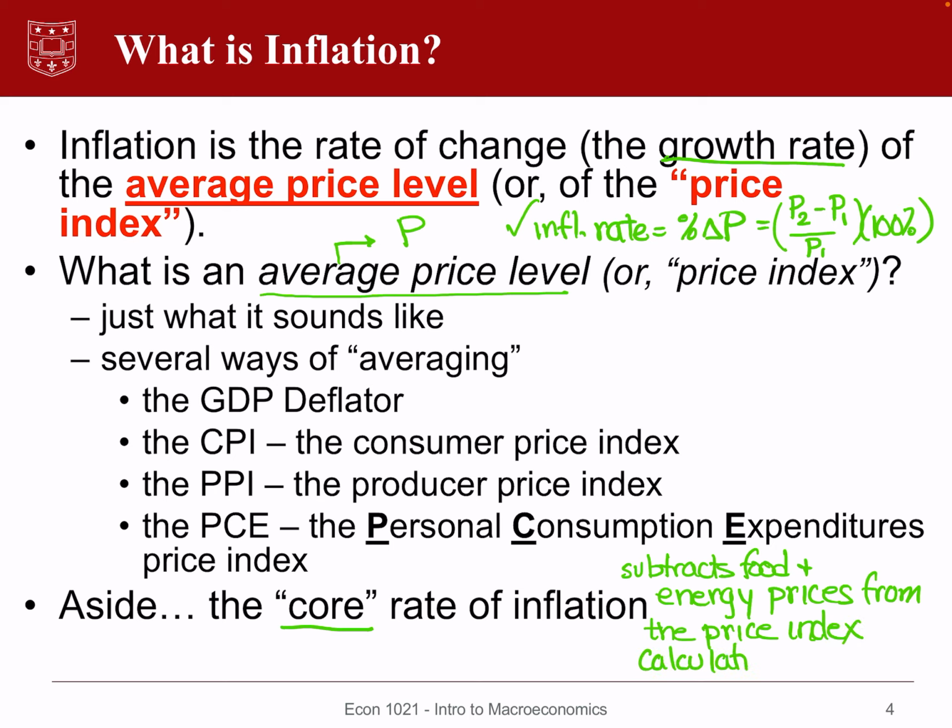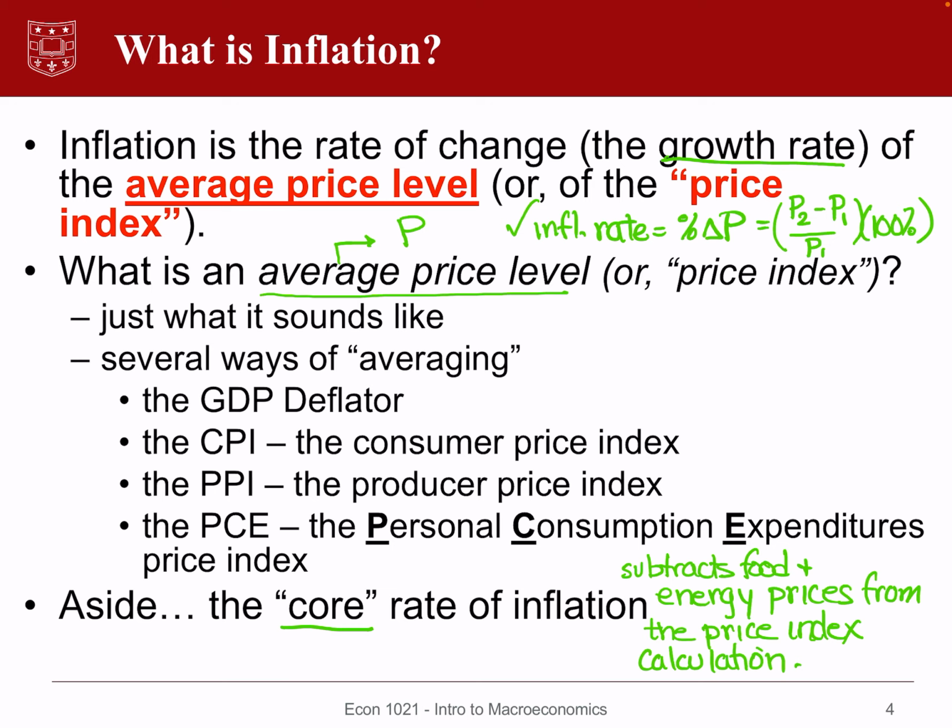And the reason for this is, and so we could have a core CPI, a core PCE price index, and you see a discussion of both of those in the textbook, and we'll come back to it at the very end of these notes. But the reason for this is that from month to month, or quarter to quarter in the case of the deflator, the most volatile prices in the macroeconomy, at least in the U.S.